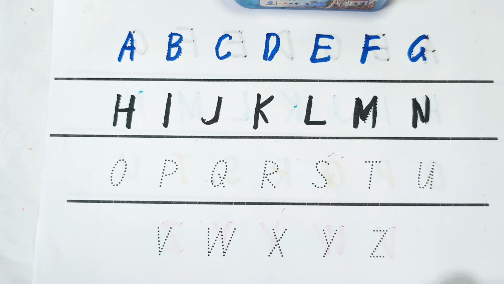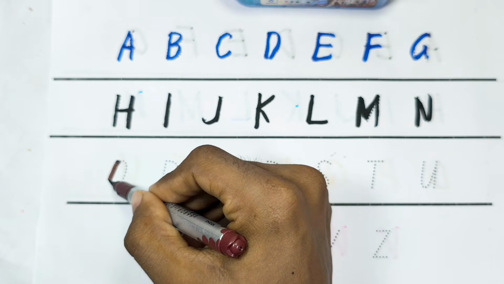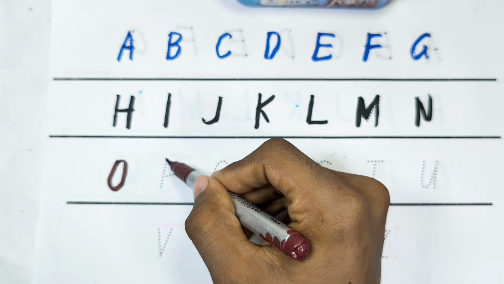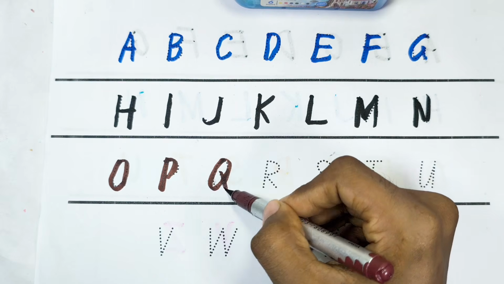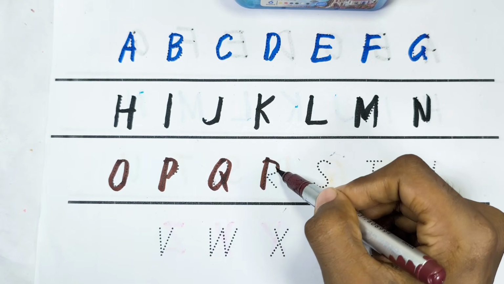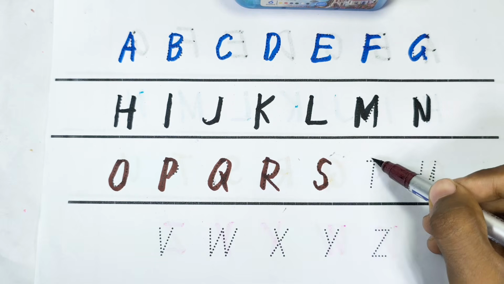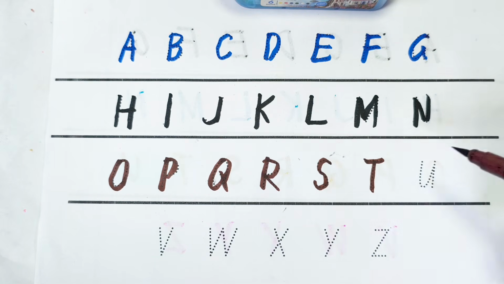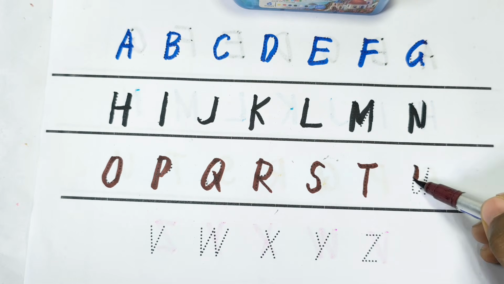So kids, now you draw O. O for orange, P for parrot, Q for queen, R for rose, S for sun, T for teacher, U for umbrella.